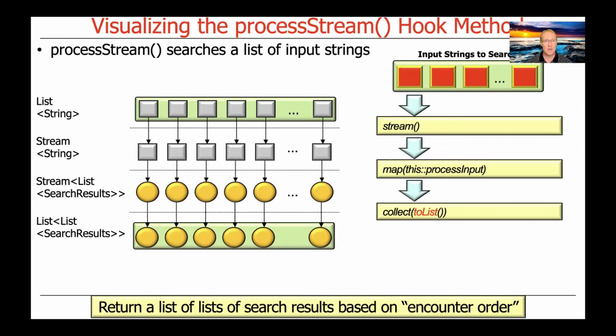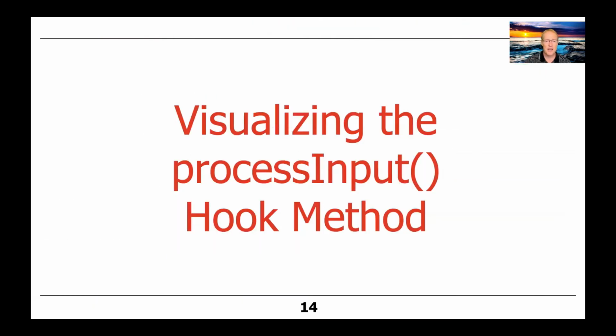That will end up converting the elements in the stream into a list of search results. They'll be in the same order that they were encountered from whatever order the works of Shakespeare came in at the beginning when we first started the processing at the top of the slide. So that's going to give us a list of lists of search results. And we'll talk later about what we do with a list of search results.